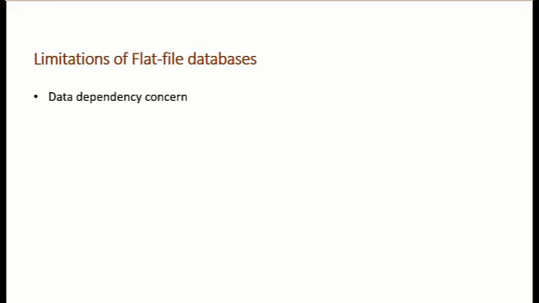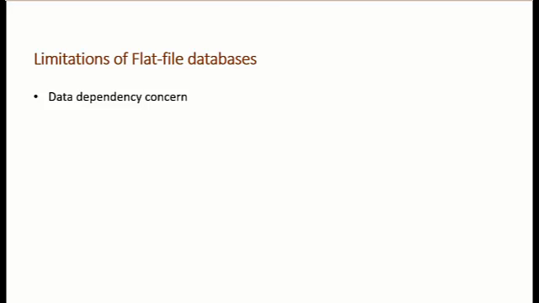Limitations of flat file databases or traditional file systems are: the first is data dependency concern. In the traditional file systems, the physical structure and storage of data files and records are defined in the application programs. Any change in the structure of a data file requires changes in the entire application program.